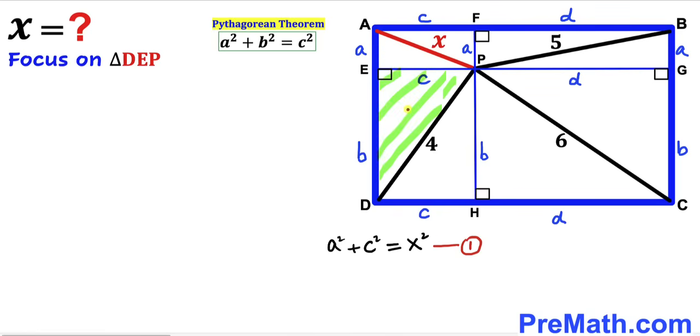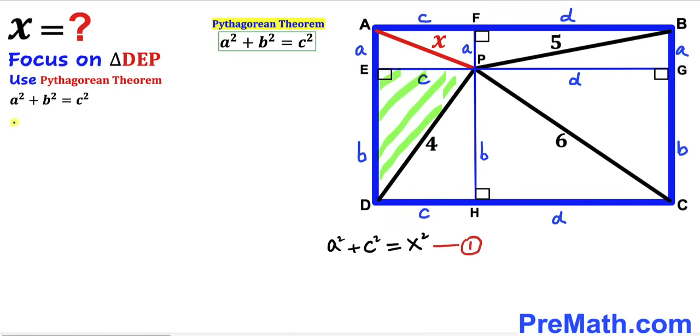Now we are going to focus on this other right triangle DEP, and apply the Pythagorean theorem on this triangle as well. In our case, the hypotenuse is 4, whereas our 2 other legs are b and c. So let's fill in the blanks in this formula.